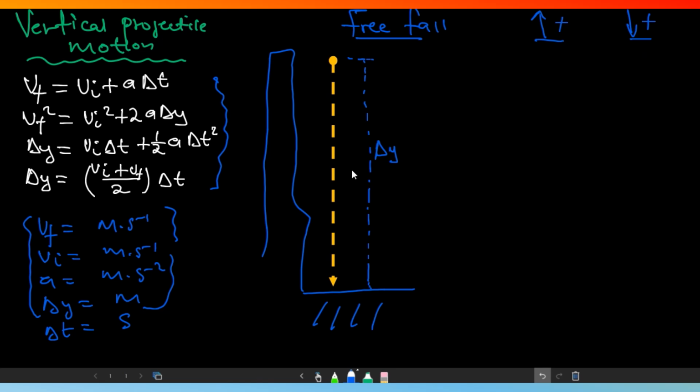Let's say this one is point A, then this one is point B. Point A is our starting point and point B is our final point. Now let's talk about the velocity. At the starting point, when the ball is dropped, the initial velocity is 0 meters per second.